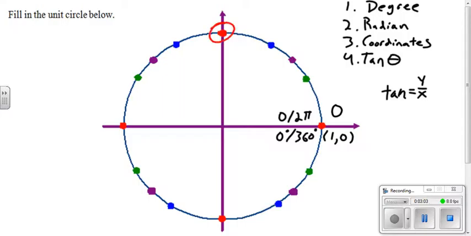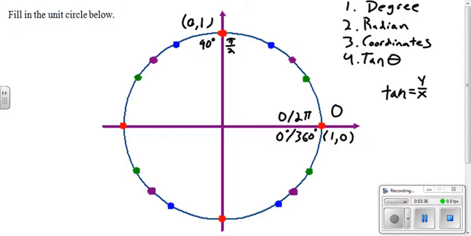Moving on to this dot up here. Again, we know that it is 1 length away, so it's 0 left and right, it's on the y-axis, and it's 1 unit straight up. So we would say it's at the point 0, 1. The angle that it creates right here is a 90-degree angle, in which case then we also know that it is pi over 2 radians.